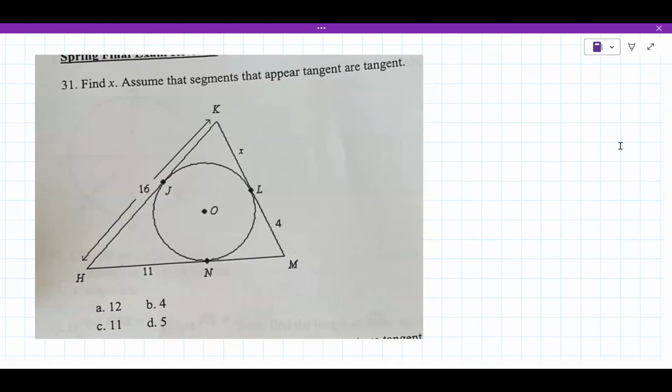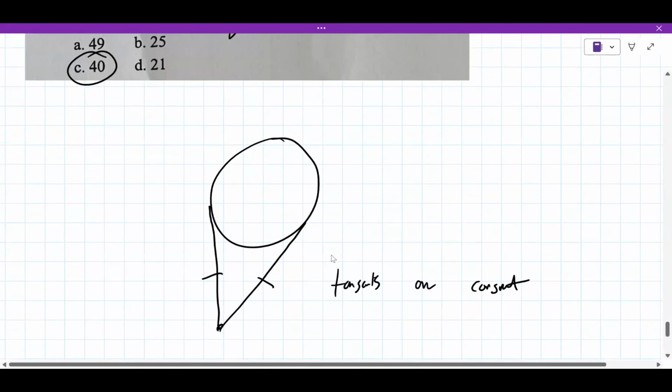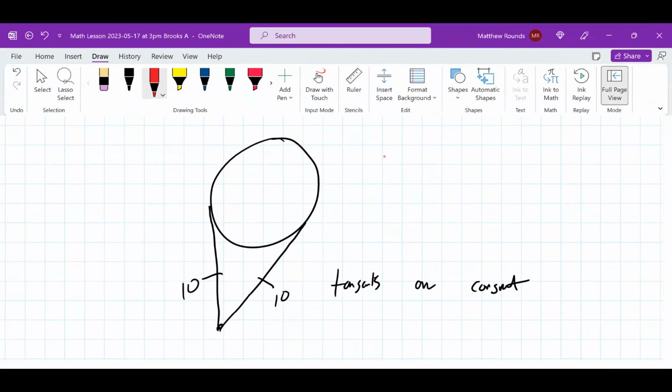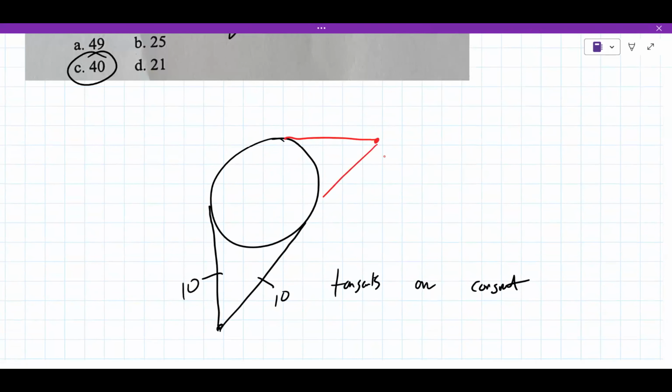So if we know that HK is 16 and that they're congruent, it means that all the lines are equal, correct? Well, it's that a tangent's congruent. So let's go back to this picture. Let's just say this is 10 and this is 10. If I make another congruence, let's just say these are 7, then that's 7.